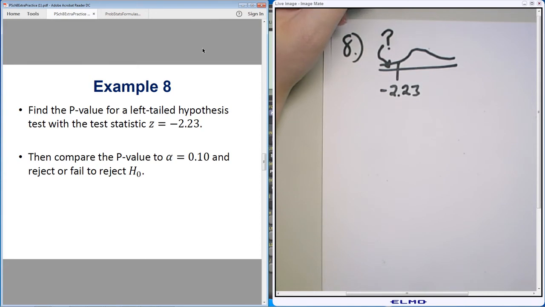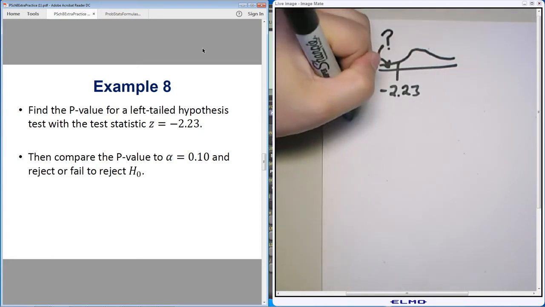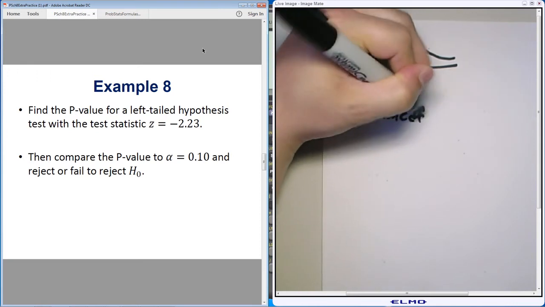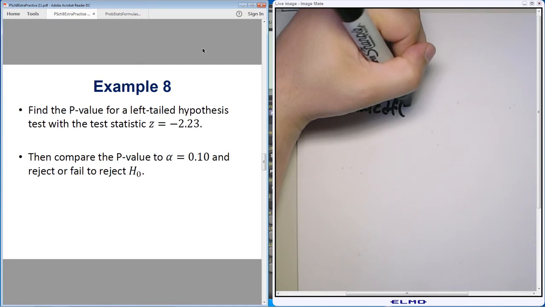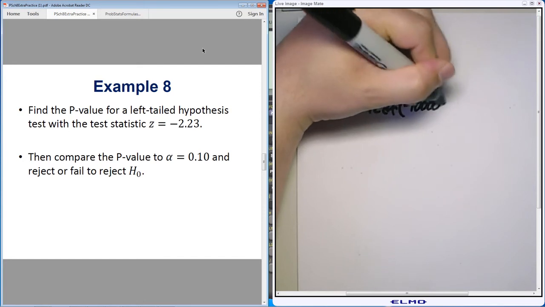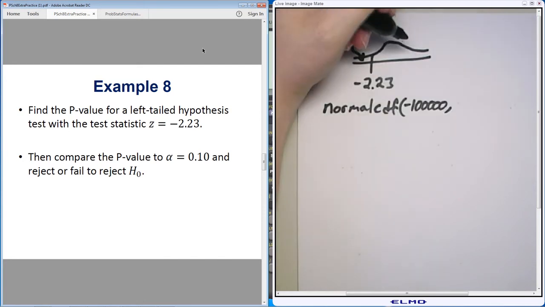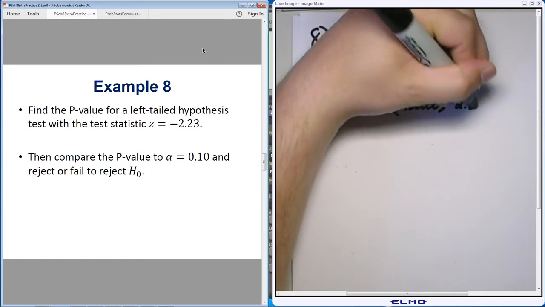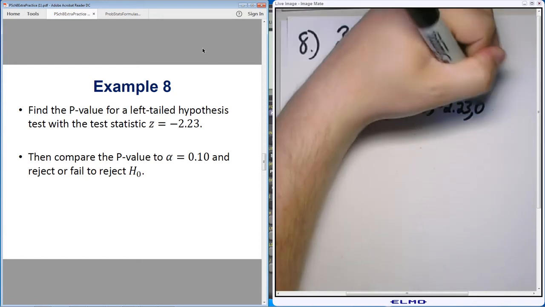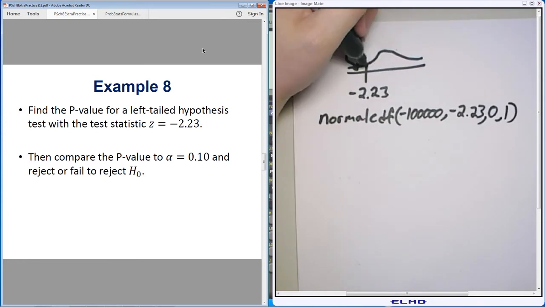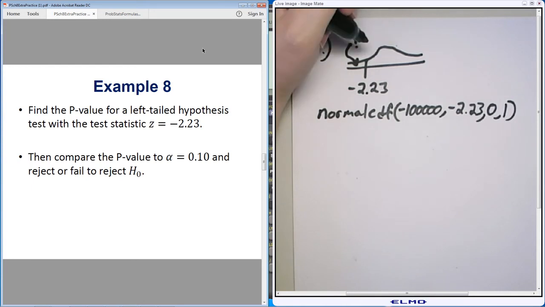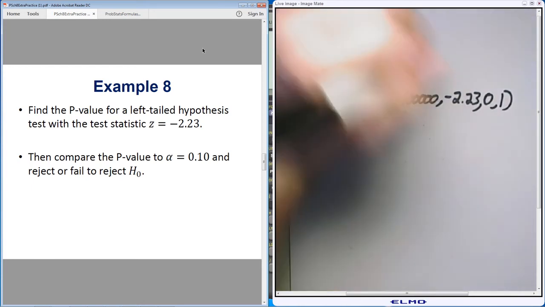Okay, to do that, we go back to normal CDF, start at some insanely large negative number, 10,000 or more is fine. Go up to your test statistic, put in a 0 and a 1. Now, if this had asked for a right-tailed hypothesis test, I would have found the area to the right. Since it's left-tailed, it's to the left.